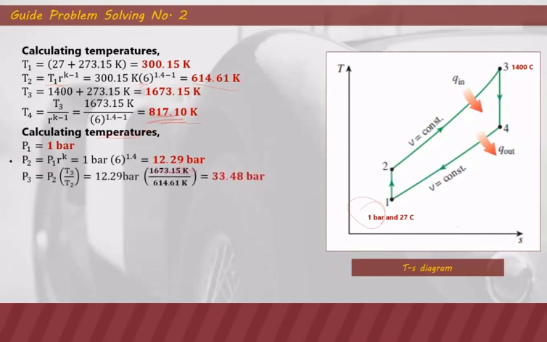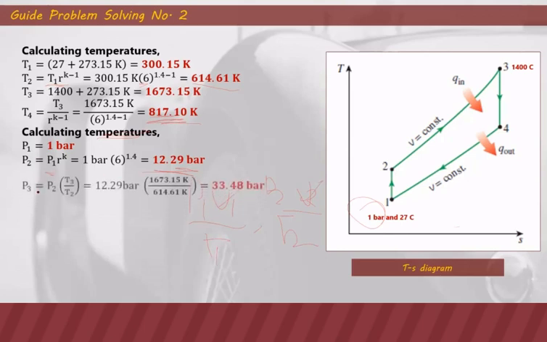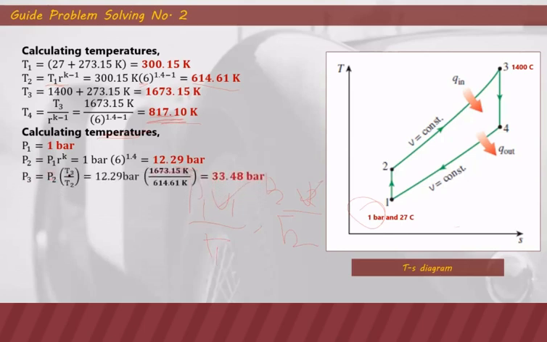And then at point 3, we can use the relationship of the combined gas law, since volume is constant. Therefore, P1 V1 over T1 is equal to P2 V2 over T2. Then we can cancel out V and then rearrange for P. So our P3 is P2 multiplied by T3 over T2.